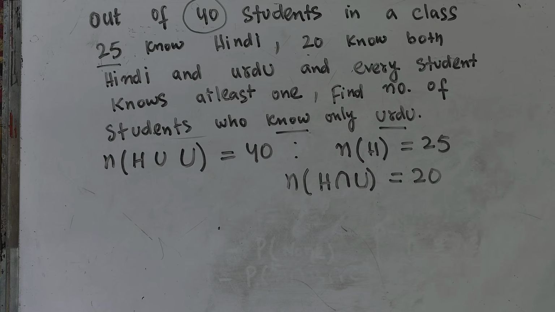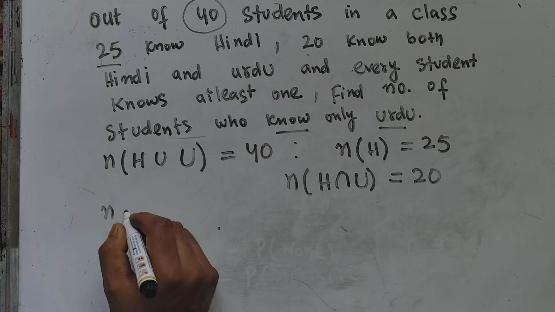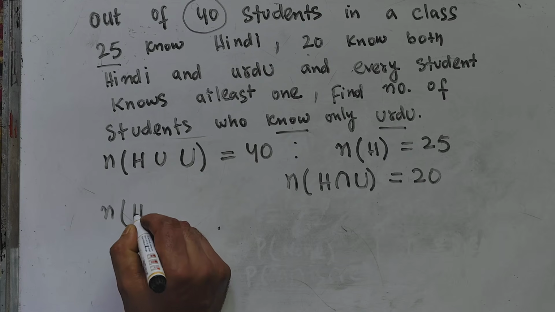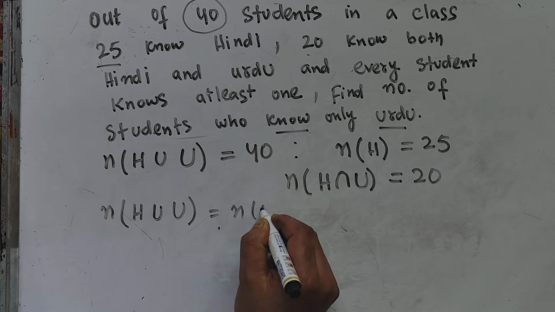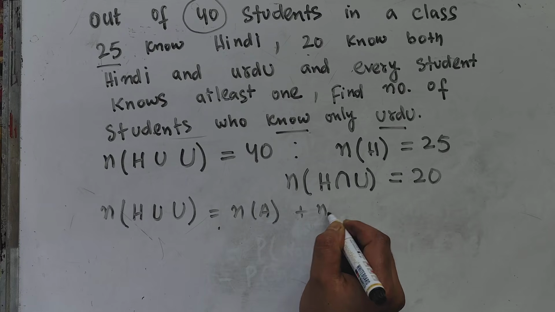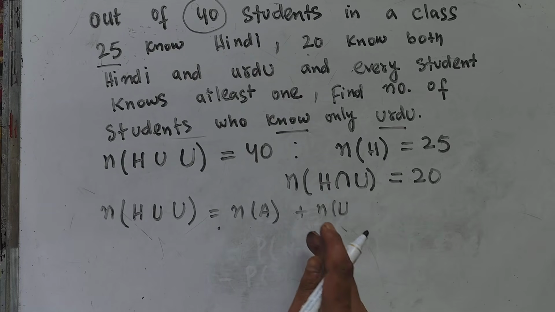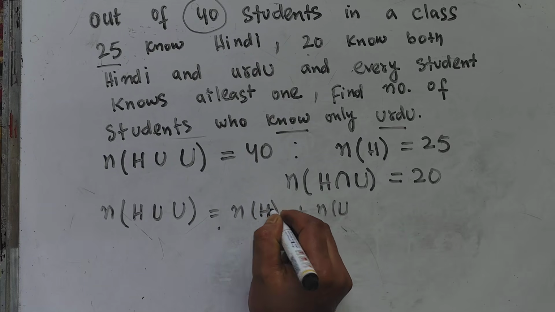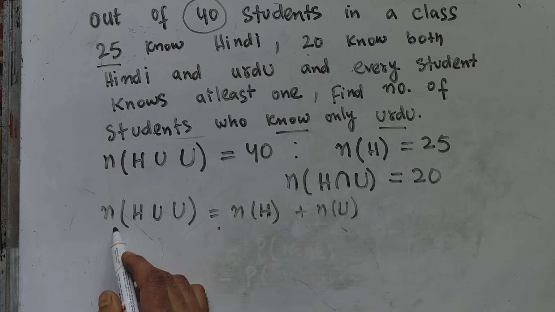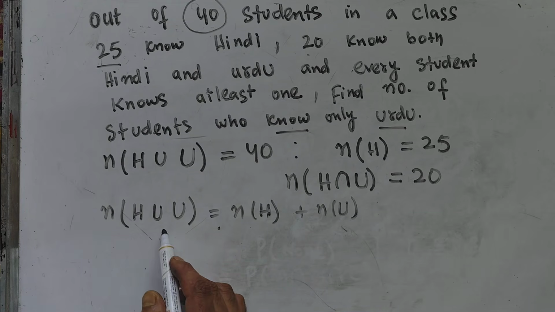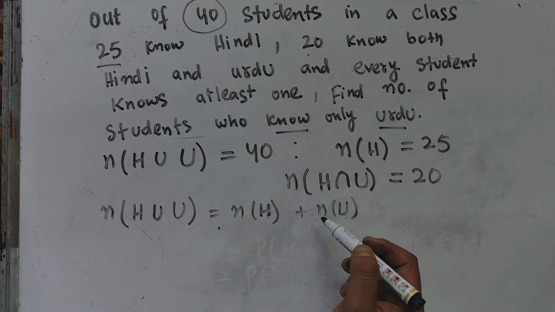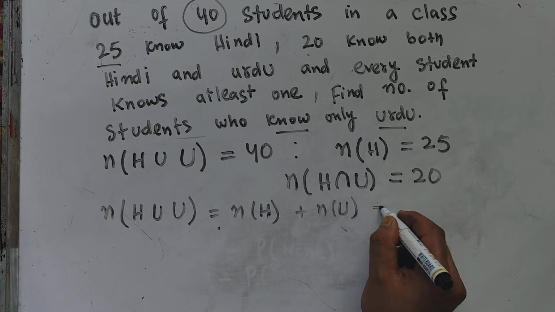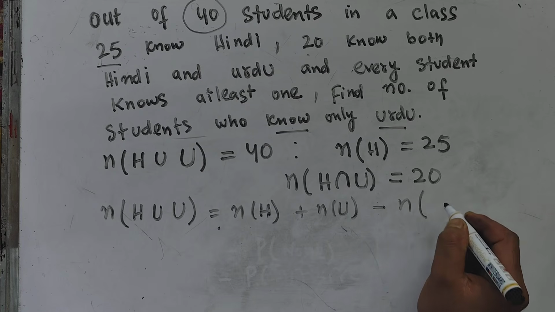Using the principle of inclusion and exclusion, we know that n(H union U) will be equal to n(H) plus n(U) minus n(H intersection U). It shows the total number of students in the class will be equal to the total number of students who know Hindi plus the total number of students who know Urdu minus the total number of students who know both languages.